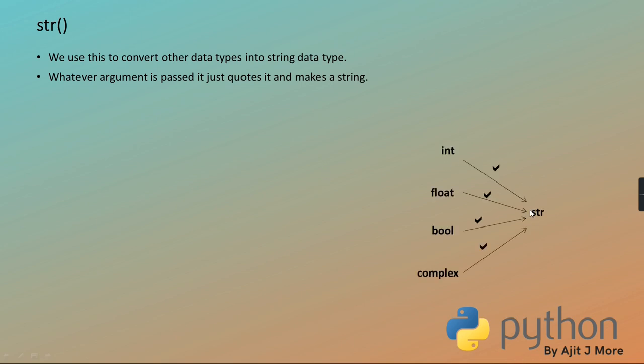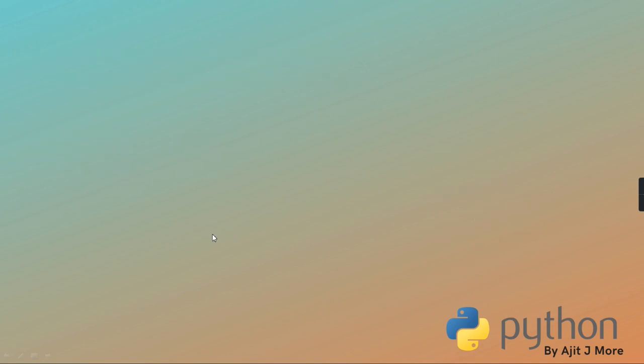Okay, so int to string, float to string, Boolean to string, complex to string, all combinations allowed. No restrictions, meaning there are no conditions, whereas in some cases there are conditions. See, str of 10 returns it as string 10. str of true returns it as string true. 8 plus 9j returns it as a string complex number.